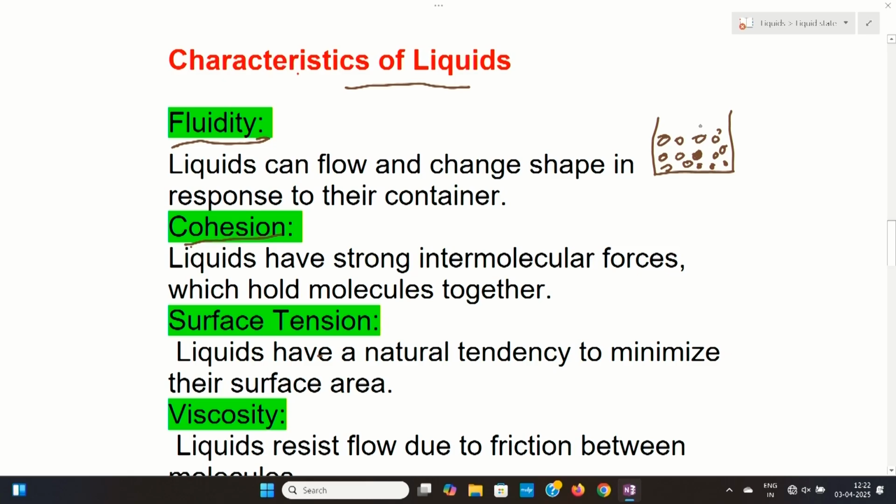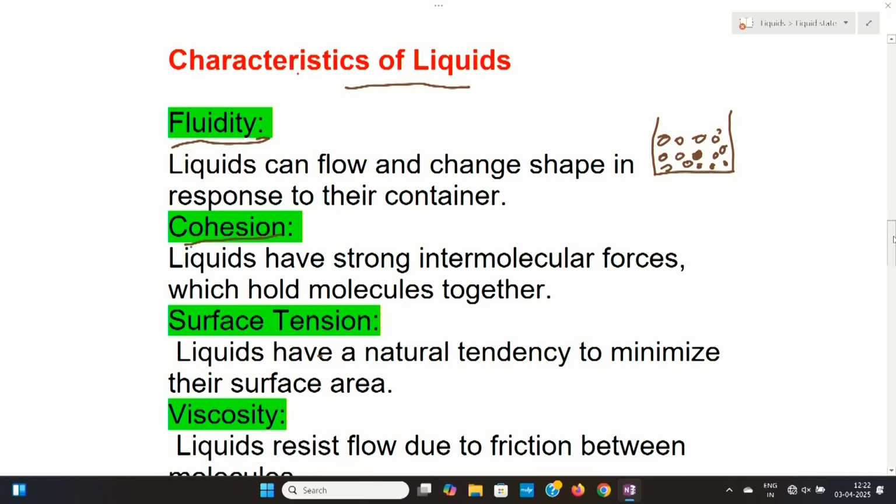Here there is no molecule, therefore it does not have an attraction from the upside, only from this side. So, because of that, the surface molecules are pulled towards the interior. Because of this pull, there will be a tension on the surface. That is called surface tension. So, the surface tension is one of the properties of liquid.